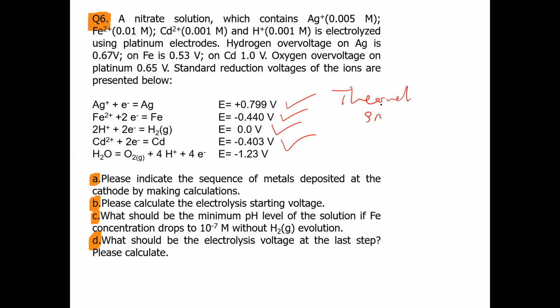But on the other hand, we need to take hydrogen overvoltage into consideration. This hydrogen overvoltage will change everything. So we need to make the calculation in order to establish the sequence of the reduction potential.